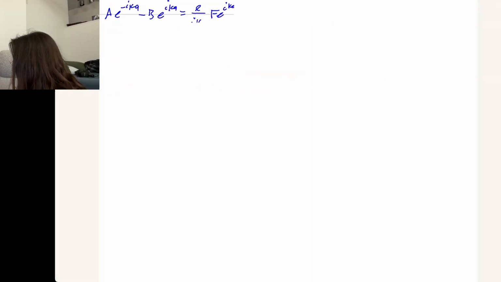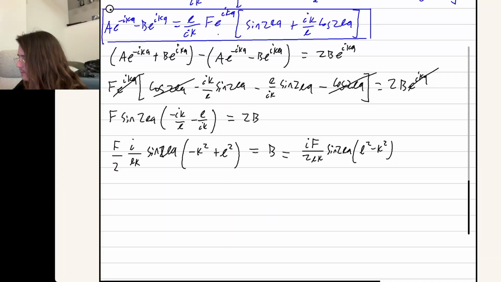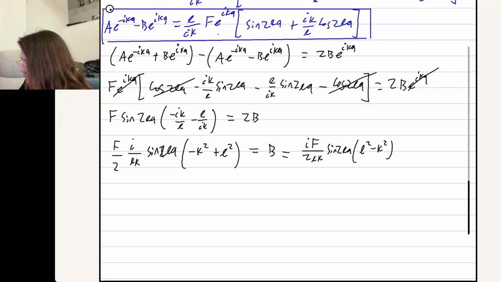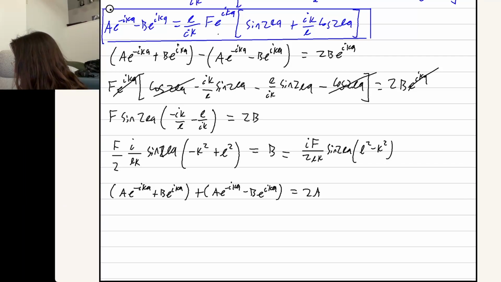That's pretty cool. The next thing that we're going to do is we're going to see that if we add the two expressions which we calculated, which were a e to the minus ika plus b e to the ika, and then we add the difference term, we just get 2a e to the minus ika, and the b's cancel out.